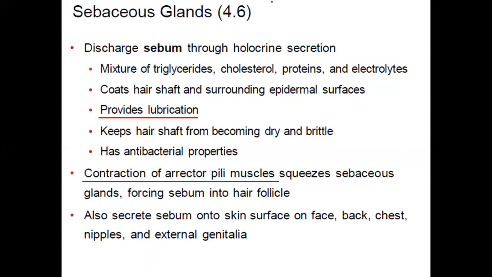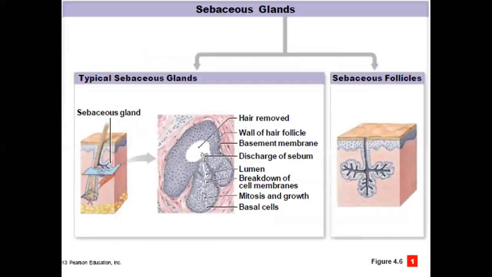Contraction of the erector pili muscle squeezes the sebaceous gland and forces sebum into the hair follicle. So not only does the erector pili muscle cause goosebumps, but as it contracts ever so slightly, it can force sebum out into the hair follicle from the actual gland. So here's a sebaceous gland.